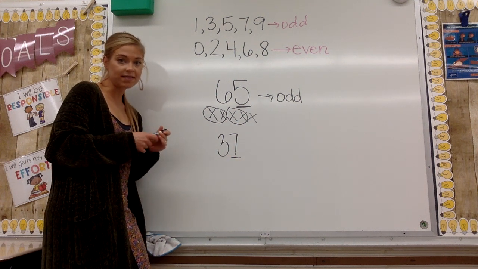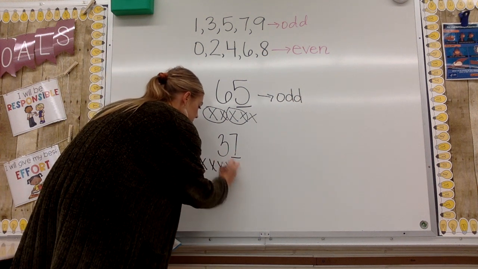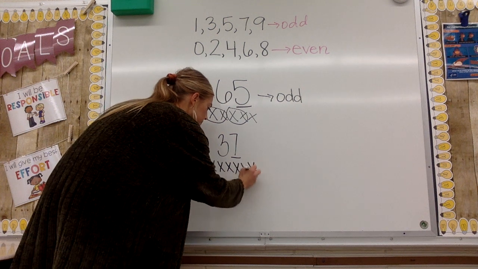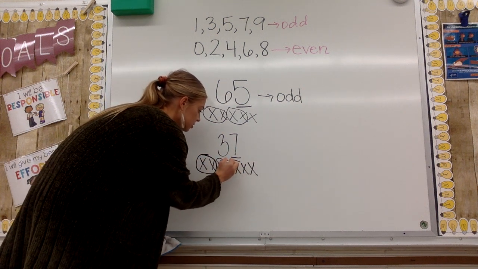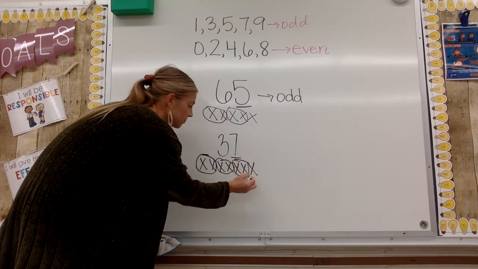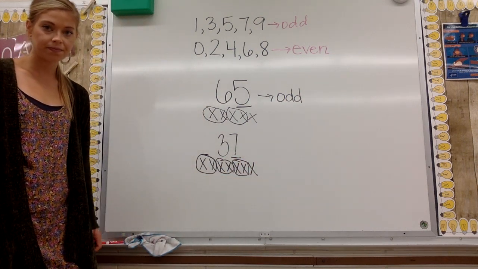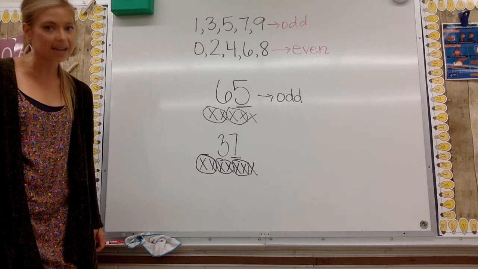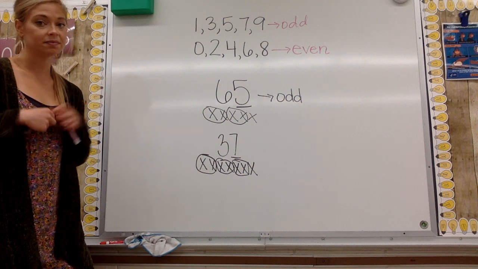And 7 cannot be grouped up evenly. If we draw 7 X's and try to group them up evenly in groups of 2s, they always have to be in groups of 2s. Oh, there's one X all alone by himself, and he can't be grouped up. So that means that 37 is an odd number because it ends in 7.